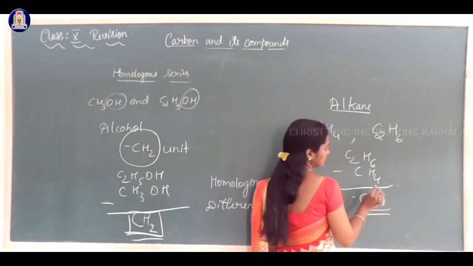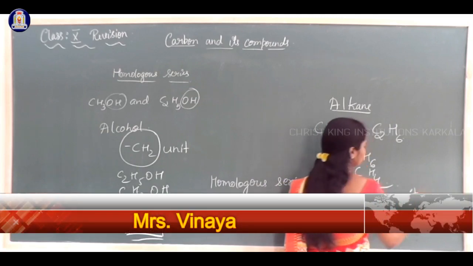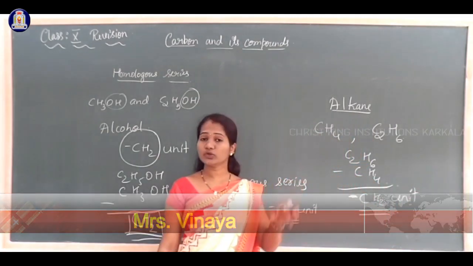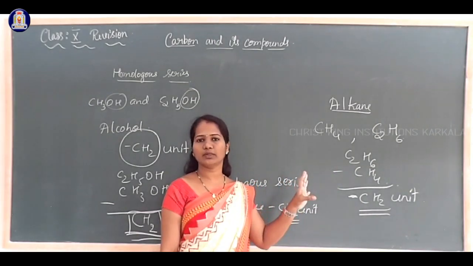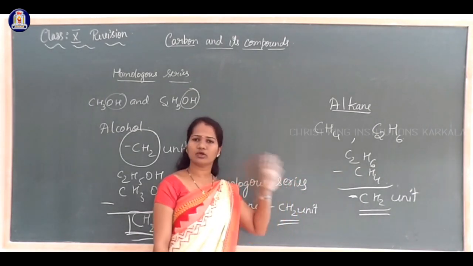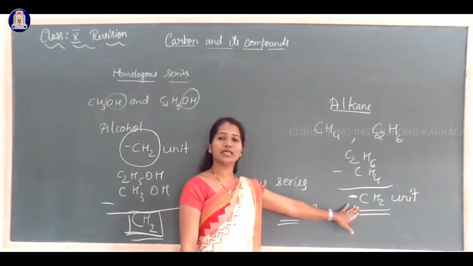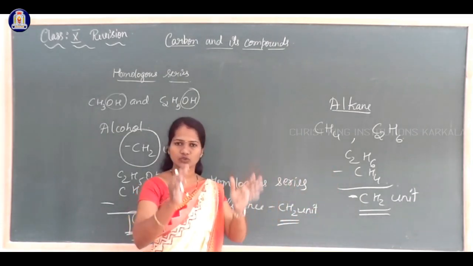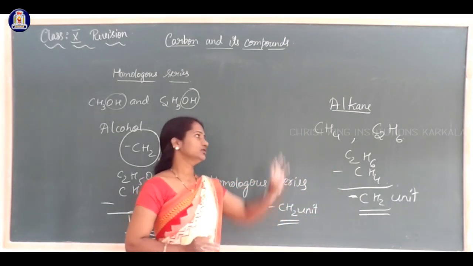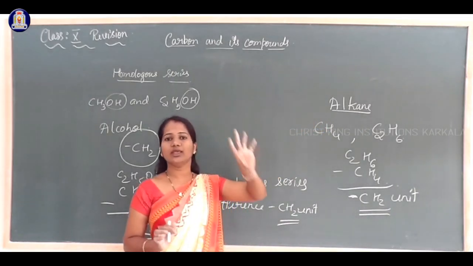Here also CH2 unit is the difference. So take any two successive members of any family of hydrocarbons, it may be alkane, alkene, alkyne or anything, just subtract them and you will get the answer CH2 unit. If CH2 is the difference you are getting, now in the final answer you have to say yes.